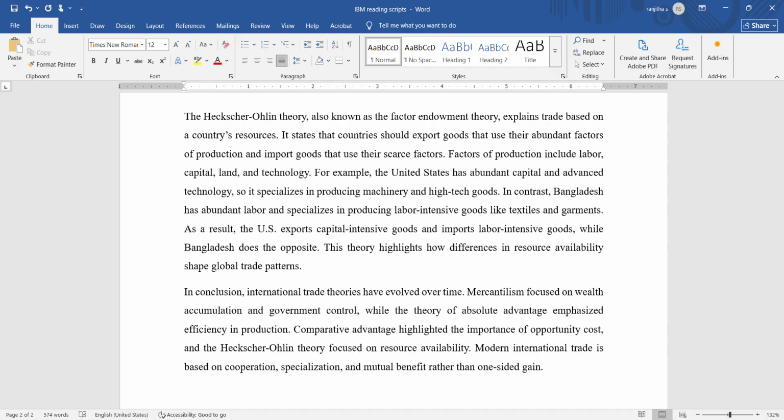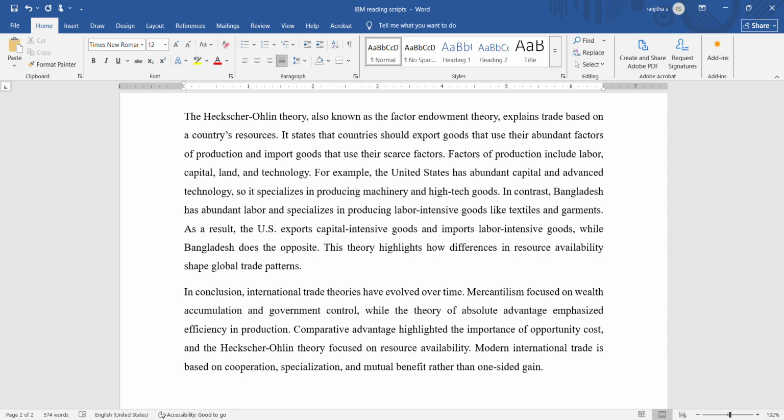Thus, to conclude, the various theories of international trade have evolved over time. Mercantilism focused on wealth accumulation and government control, while the theory of absolute advantage emphasized efficiency in production, and comparative advantage highlighted the importance of opportunity cost.